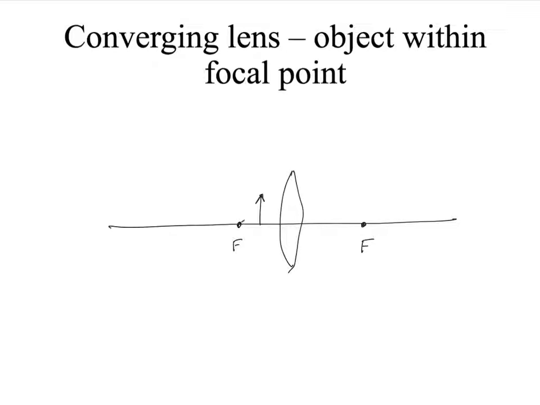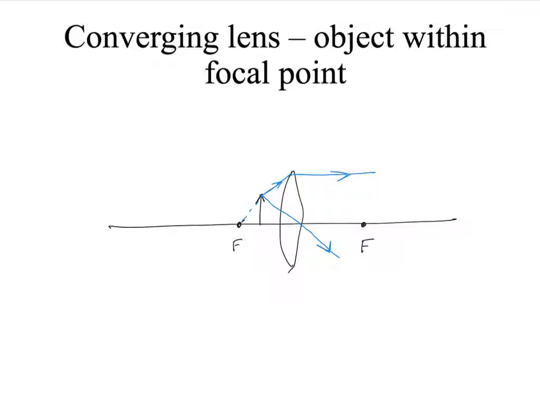First I'm going to imagine the light ray coming from the focal point. It will end up going parallel to the principal axis, and one that goes through the center will actually be undeflected.